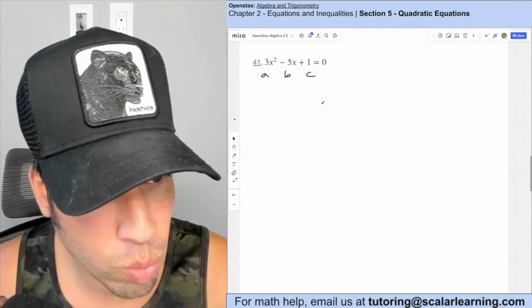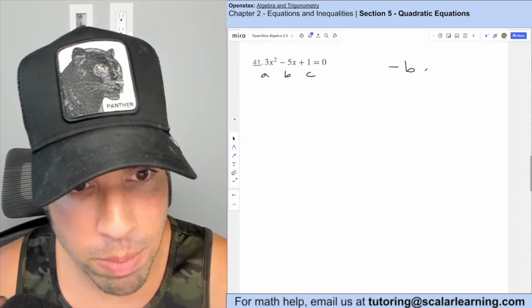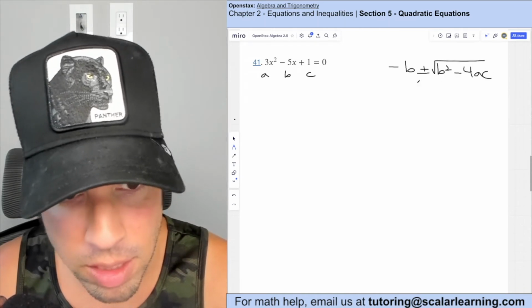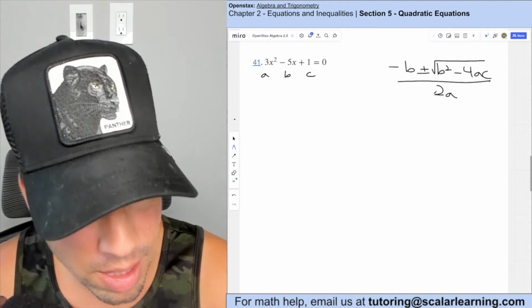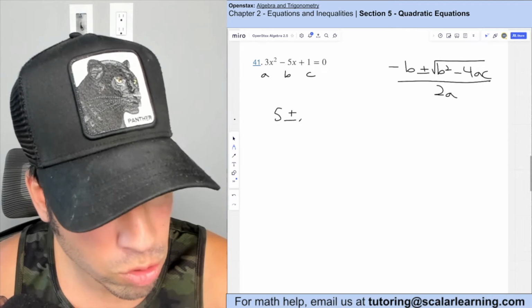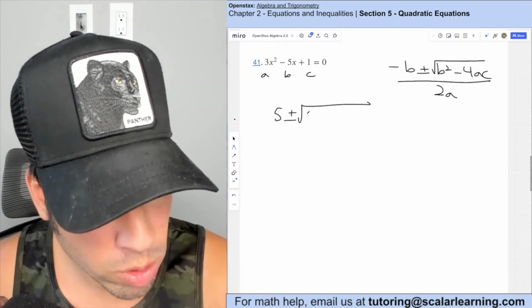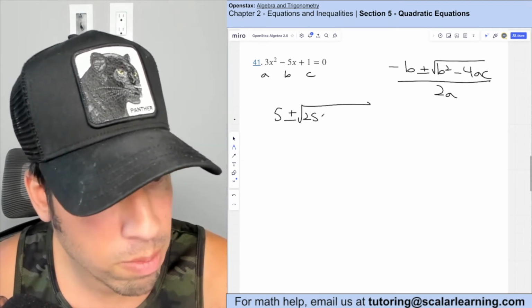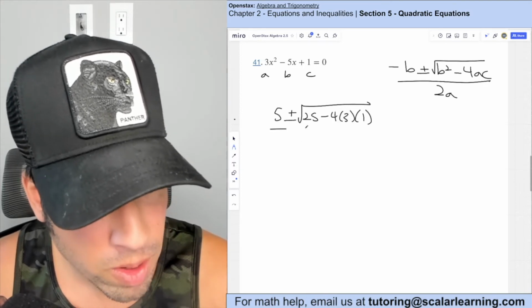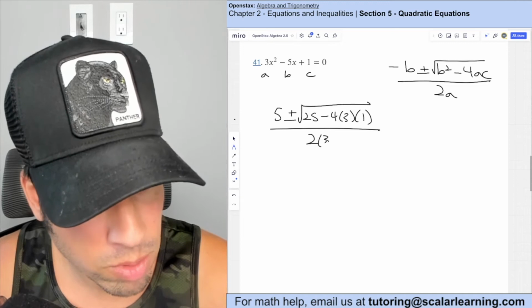Once again, using the quadratic formula, I'm going to mark this: a is 3, b is negative 5, and c is 1. The formula is negative b plus or minus the square root of b squared minus 4ac, all over 2a. Let's go. So we got negative negative 5, which is 5, plus or minus the square root of negative 5 squared, which is 25, minus 4 times a, which is 3, times c, which is 1, all over 2 times 3.